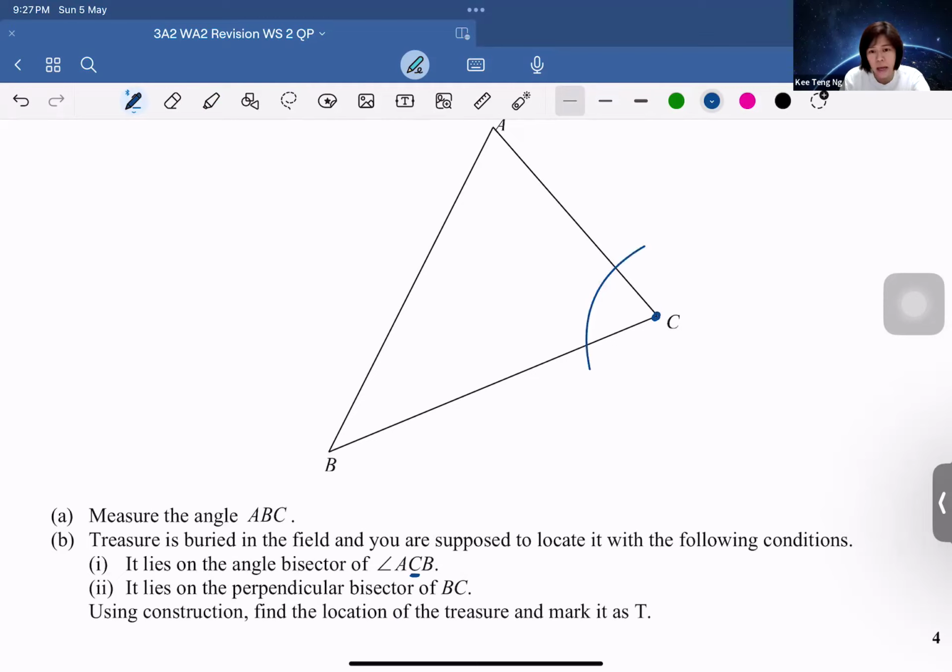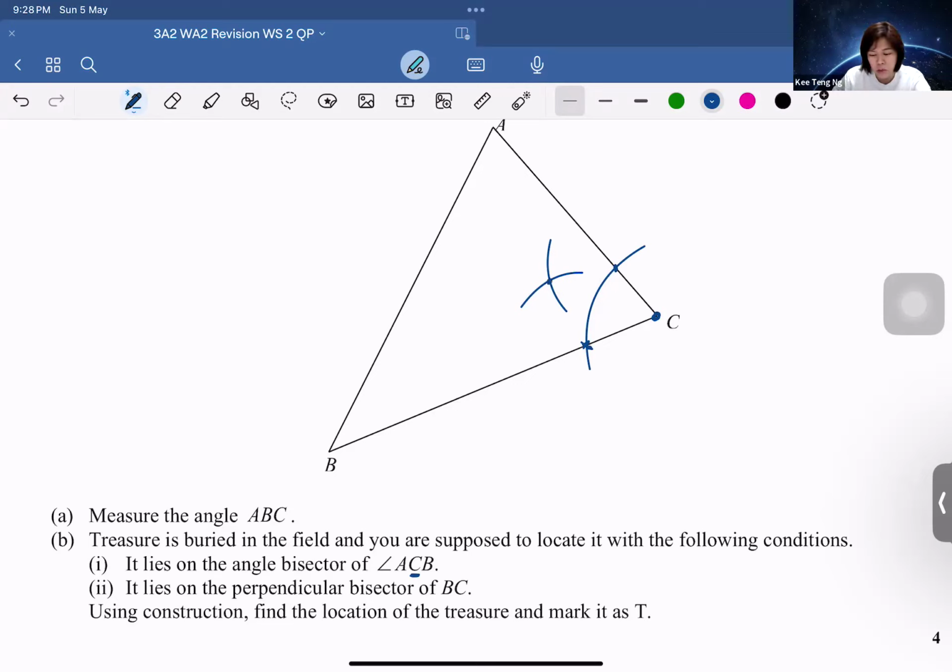Where it cuts the 2 points, you draw another arc using each as the center. I'm just drawing it roughly to show where the direction could be. It's not very accurate.